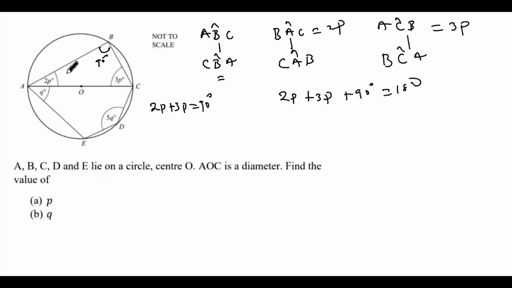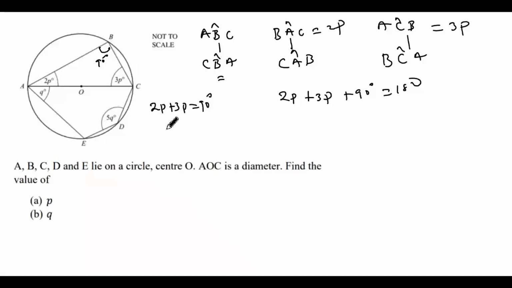Why? These two angles are complementary angles, because they add up to 90 degrees. The third angle is already 90, so these two angles have 90 degrees to share between them.